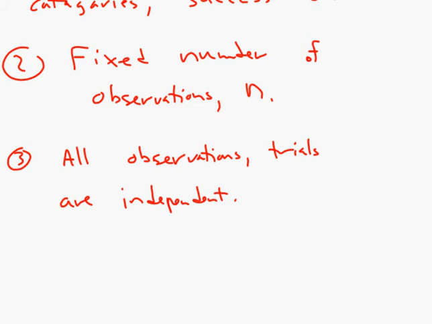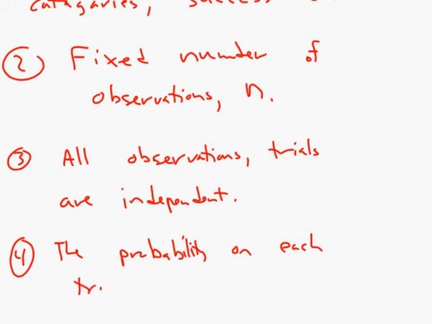So each trial is independent from one another. And then lastly, number four, the probability on each trial is the same. So the probability doesn't change, and usually it's denoted with the letter p.